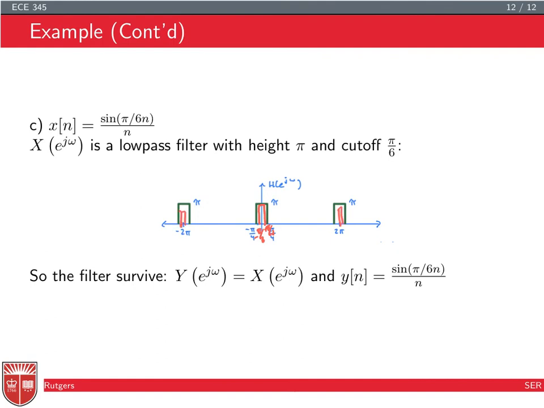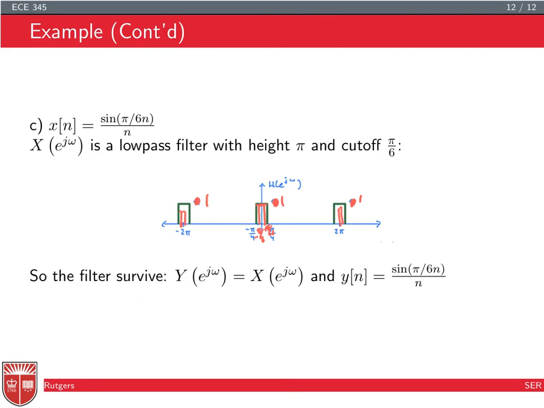So the whole signal is going to go through in terms of frequencies untouched, because also for our low pass filter here, the amplitude is pi. Actually, this is a typo. The amplitude is 1 here. If you go back to the given, we're given that the amplitude is 1.